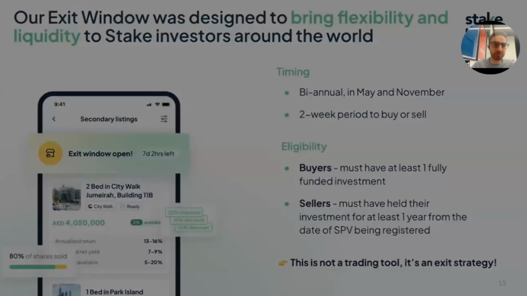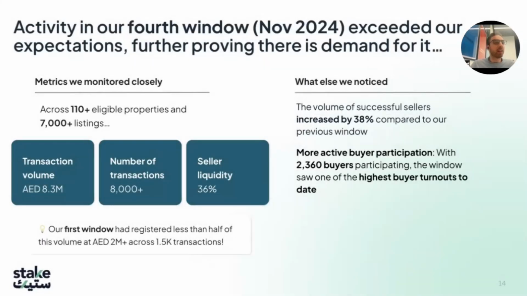So moving on, just to give a quick picture of the last exit window that we had in November 2024. It went really well, truly exceeded our expectations. What we saw from that window was that there was real demand for transacting, buying and listing shares.